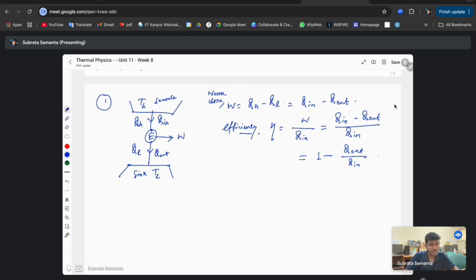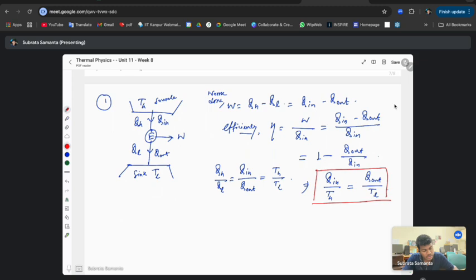Now, because the Carnot engine is a reversible engine, one can show that Q in over Q out equals TH over TL, which implies that Q in over TH equals Q out over TL.